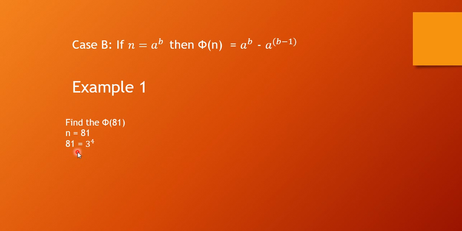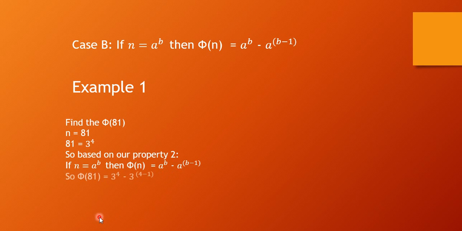If you're able to find that out, that the number is a power of something, then you are done. Based on our property 2, if n equals a to the power of b, then totient of n equals a to the power of b minus a to the power of b minus 1.